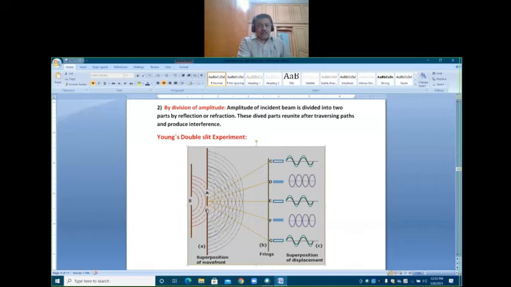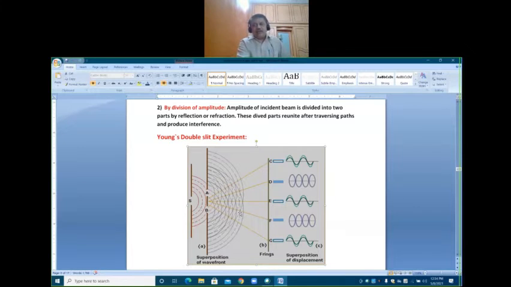How? Because every point on the wavefront is a source, and the only openings are here, one at A and another at B. So light starts coming out from A in the form of waves in this direction, and from B in this direction. These two overlap in this region.